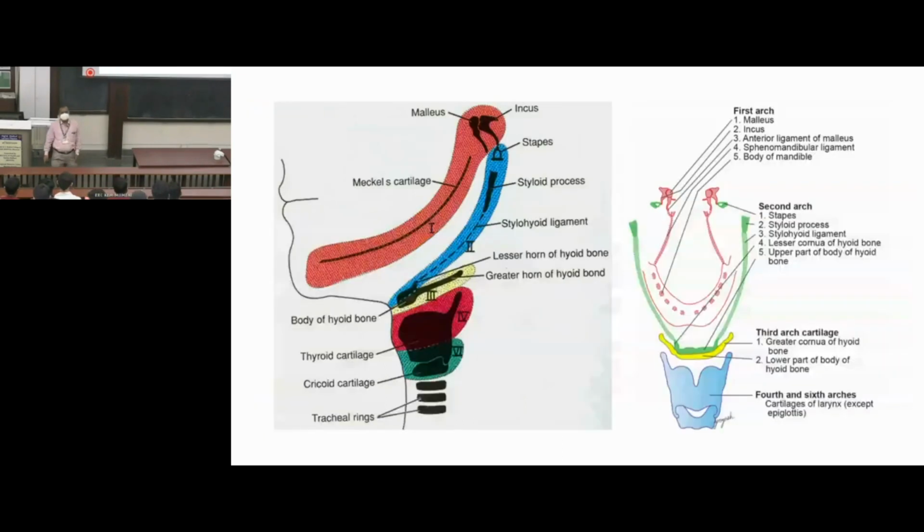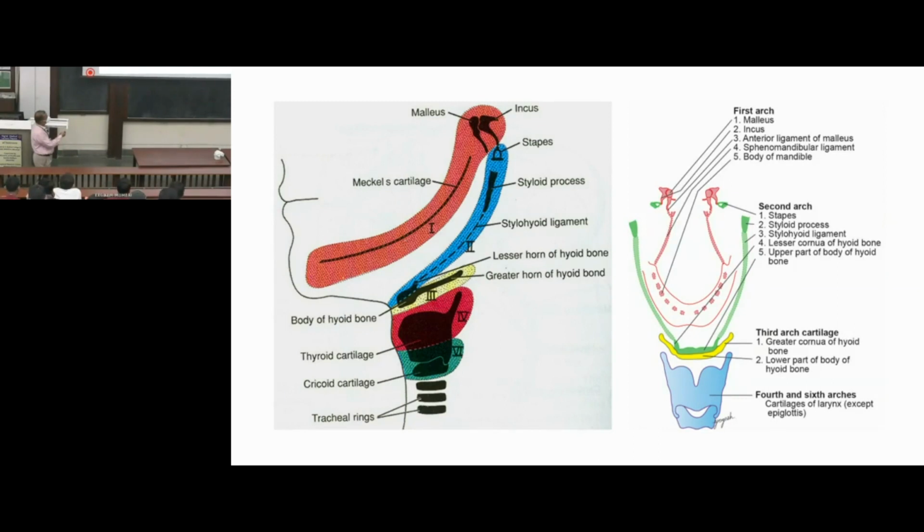This is another diagram to show you the skeletal derivatives of all the arches. Bilateral representation, you can see. So malleus, incus, then this is stapes. Stapes is from second arch, malleus, incus is from first arch. So these are all the derivatives from the first arch.